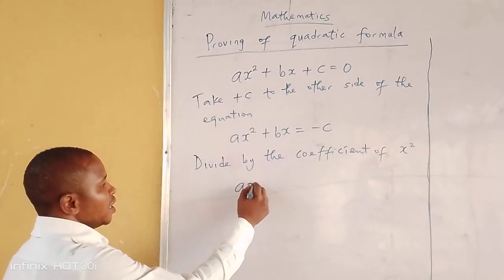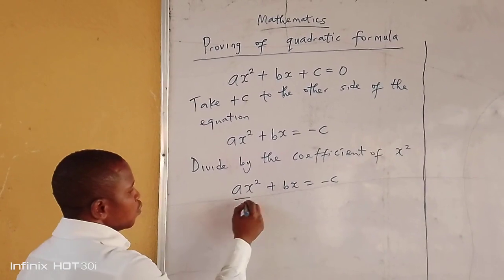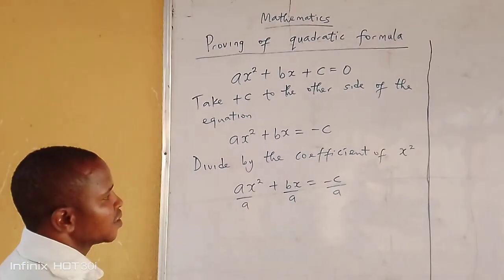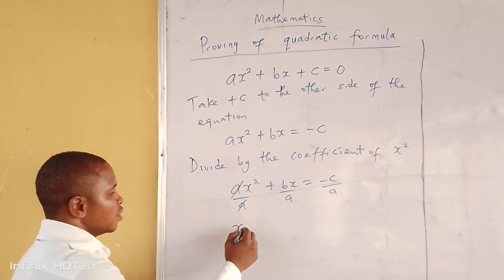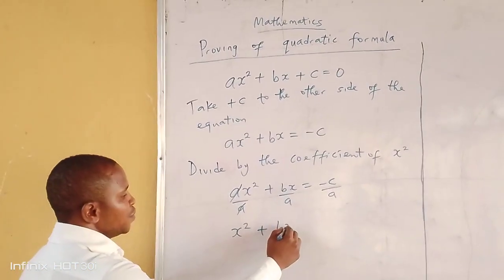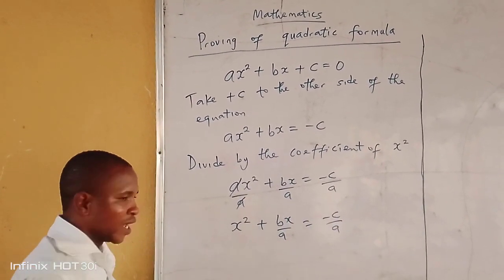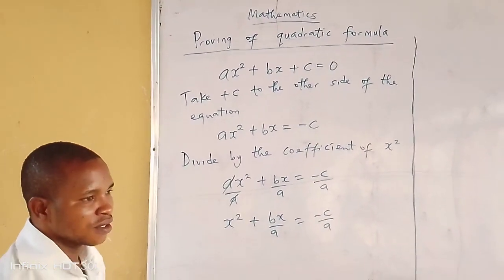So you have ax squared plus bx is equal to minus c, over a, over a, over a, because we divide by the coefficient of x squared. So a will eliminate a here, so we end up having x squared plus bx over a is equal to minus c over a.